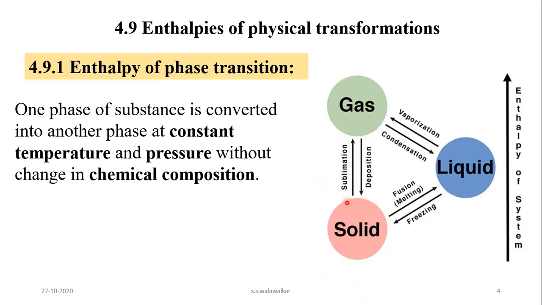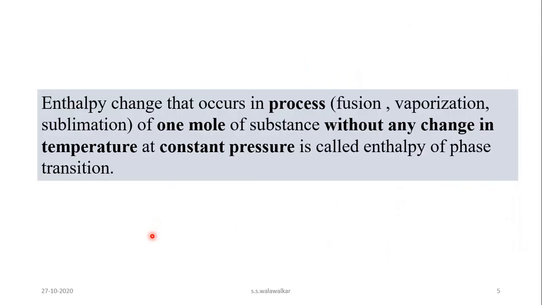So one phase of a substance converted into another phase at constant temperature and pressure without change in chemical composition is nothing but a phase transition. Now, in general, the definition of phase transition is like this. You can use this definition to define any type of phase transition.